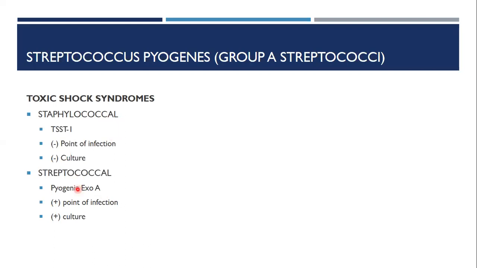However, we differentiate the two by this: negative culture result for Staphylococcus, negative site of infection compared to Streptococcus. There's a positive point of infection, either the throat, causing pharyngitis, or the skin, causing skin infections. And then usually we can isolate the microorganism through culture.